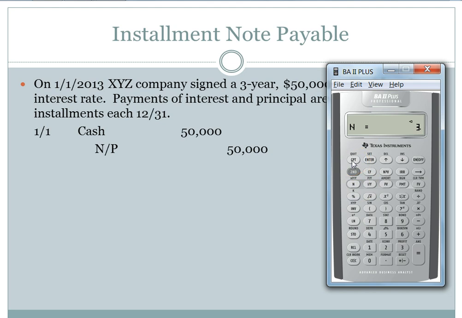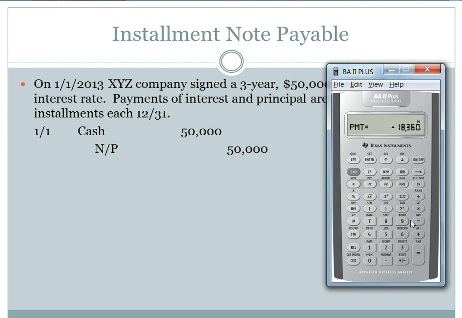That will then allow me to compute my payment. There is no future value. There's no lump sum payment that's going to take place 3 years from now. It's just 3 equal payments. So compute payment, and that tells me that each year, December 31st, I'm going to be making payments of $18,360. That's the cash outflow each December 31st.